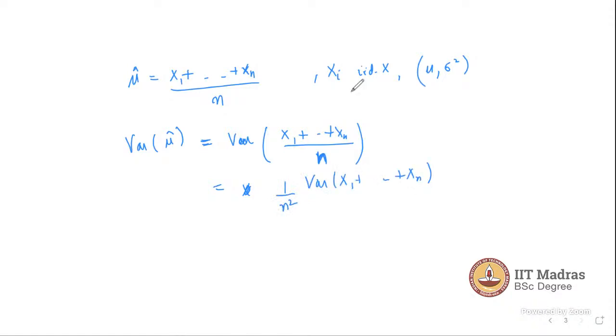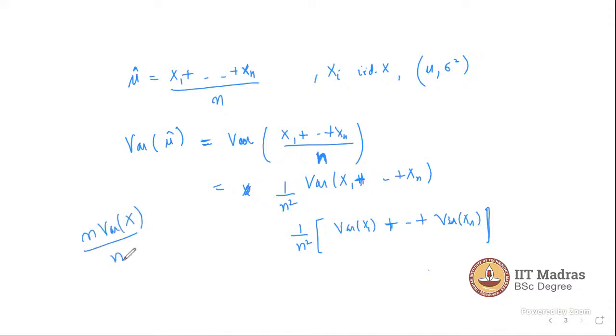Since these are independent, we can split it and write 1 upon n square times variance of x1 plus up to variance of xn. Each of the xi's is IID x, all identical, so this is n times variance of x upon n square, which is variance of x upon n.